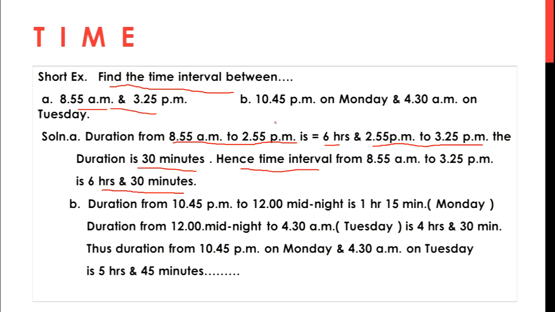Next is 10:45 PM on Monday to 4:30 AM on Tuesday. You can calculate it like this: the duration from 10:45 PM to 12 night is 1 hour 15 minutes.